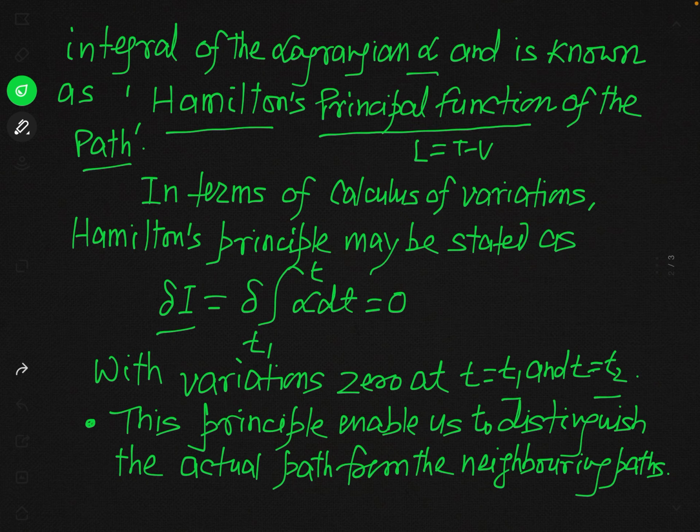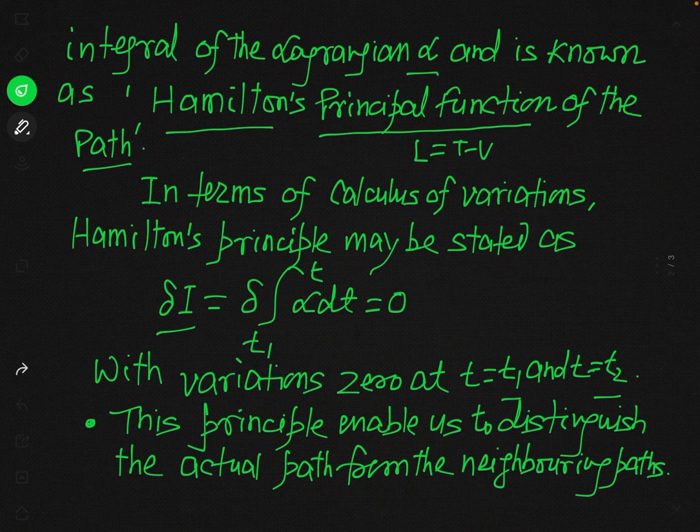It means there is no variation at these two time limits or at the two end points. So as I have told you, this principle enables us to distinguish the actual path from the neighboring paths. So this is the statement of Hamilton's variational principle.